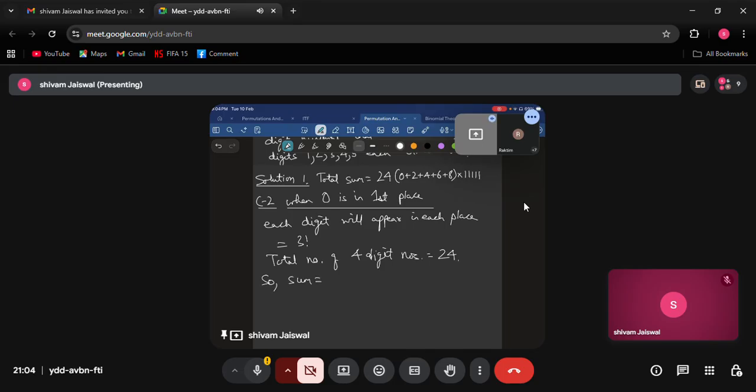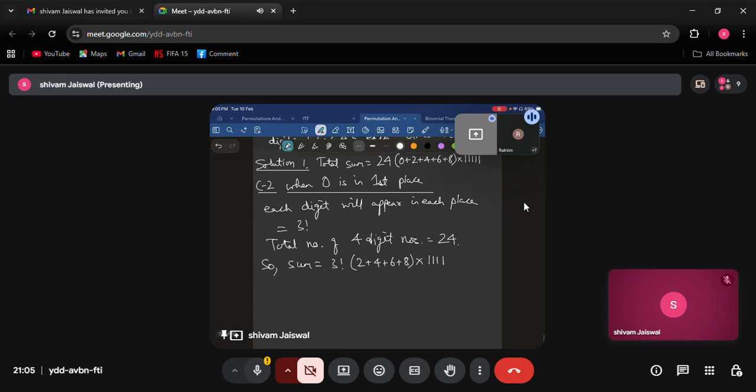So what is the sum? The sum will be equal to 3 factorial into 0 plus 2 plus 4 plus 6 plus 8, multiplied by 4 ones.